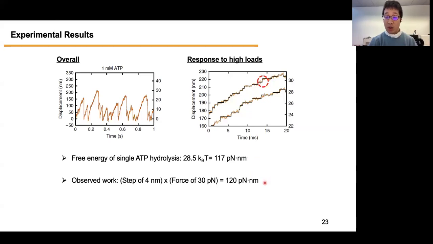So they are very similar, and it's more likely that multiple myosins cooperate to produce one step at high loads than that the energy of ATP is converted almost at 100% efficiency into work, because there are processes like friction and dissipation.